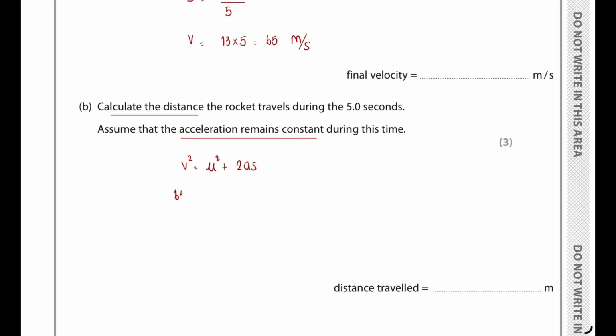So final velocity is 65 squared equals 0 squared plus 2 times 13 times s. 65 squared equals 4,225 equals 26 times s. So therefore, distance equals 4,225 divided by 26, which is equal to 162.5 meters.